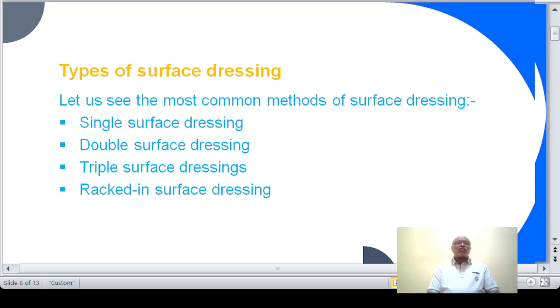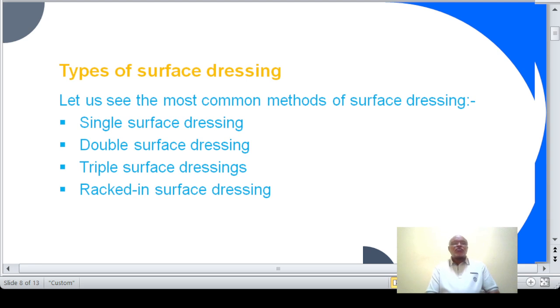The quality of double surface dressing will be greatly enhanced if traffic is allowed to run on the first dressing for a minimum of 2 to 3 weeks before the second dressing is applied.